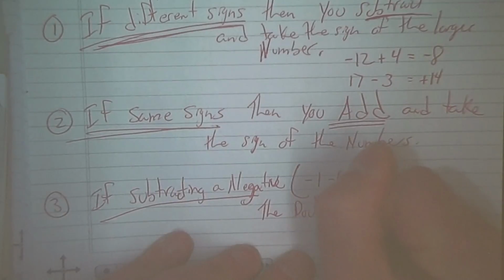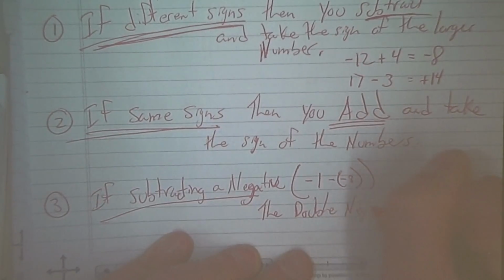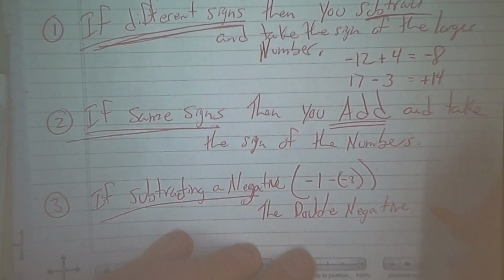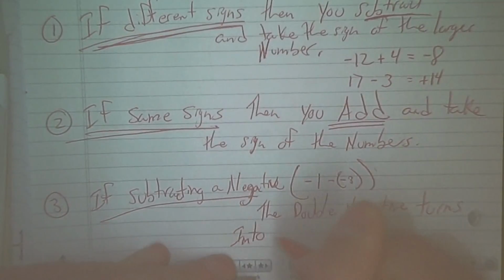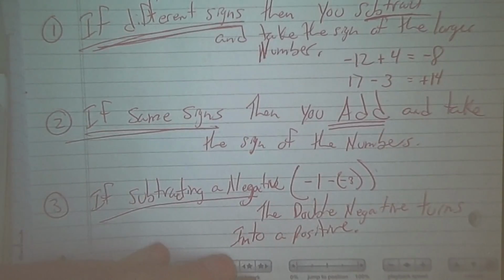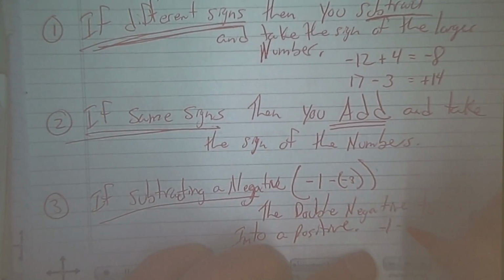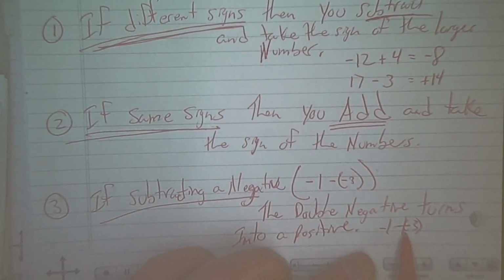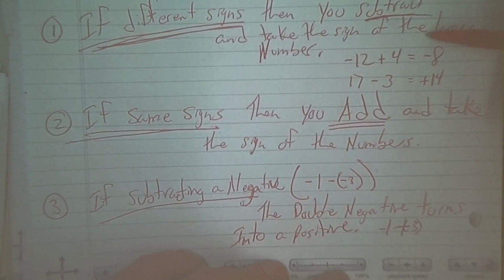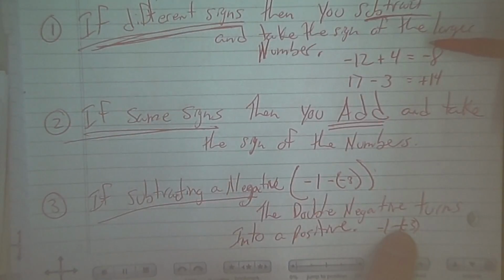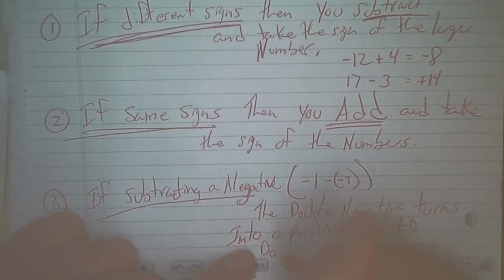The double negative turns into a positive. So a negative 1 minus a negative 3, a double negative turns into a positive. And then you go back up to step 1, because they're different signs. And then you subtract. And then do step 1 or 2.